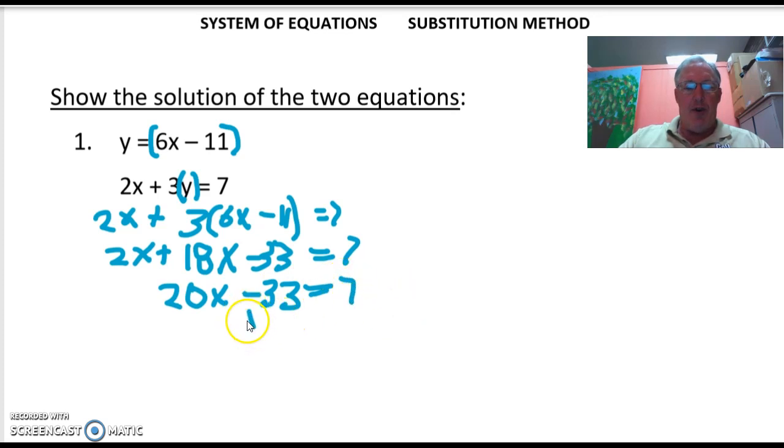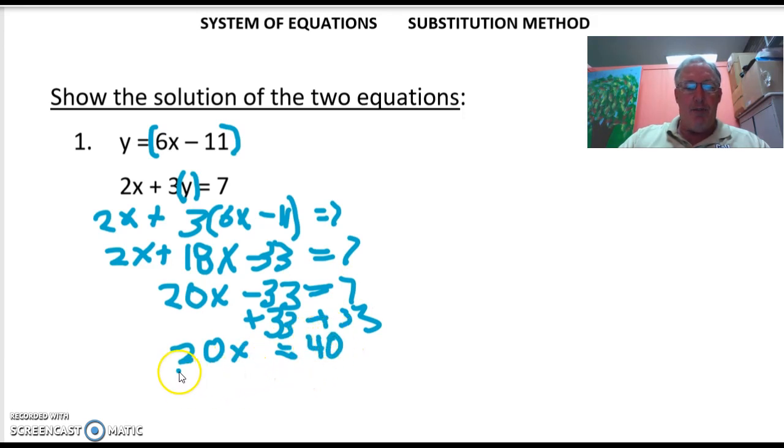We're going to add 33 on both sides because we've got to get x by itself. So add 33 on both sides, bring down 20x. What is 7 and 33? It's 40.